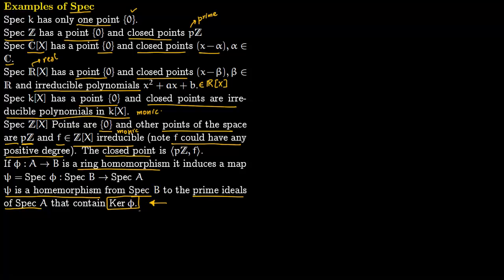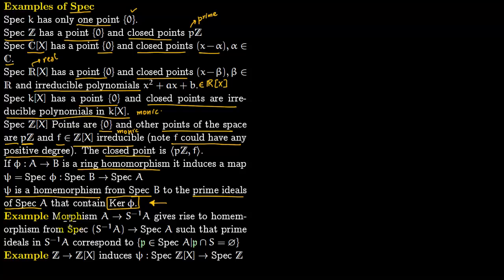Our very first important example, about which we have discussed in localization, is a morphism from A to S inverse A, where S is a multiplicatively closed set. This ring is nothing but A localized with respect to this multiplicatively closed set S. This will give rise to a homeomorphism, with contravariance, from Spec of S inverse A to Spec of A. And we have seen what the prime ideals in here are, in the lecture on localization.